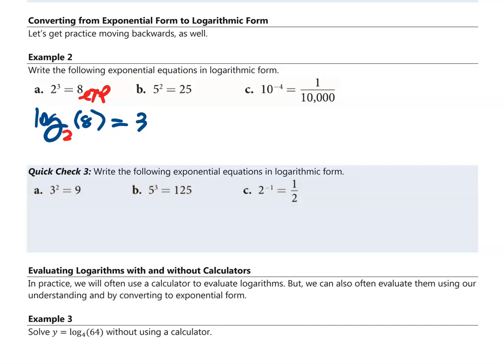You can check if you want using the arrows. We know that 2 cubed is equal to 8. So that is letter A.